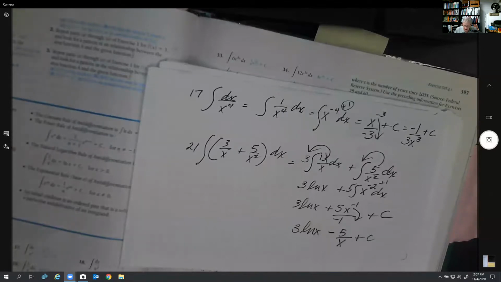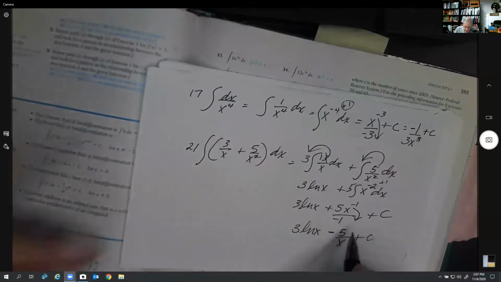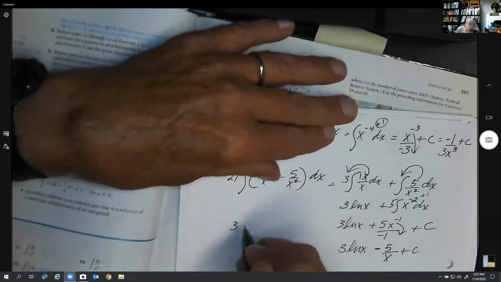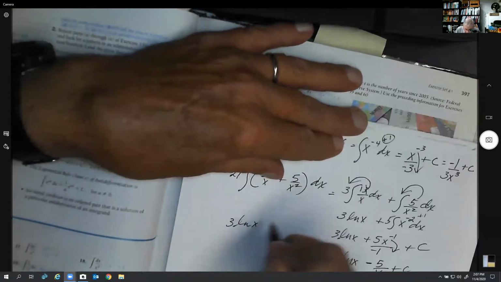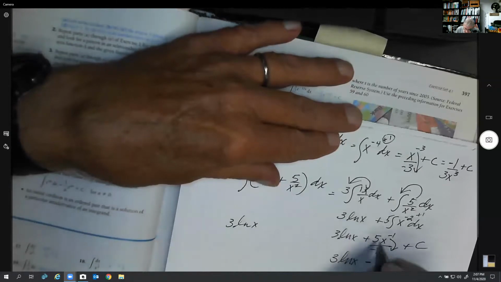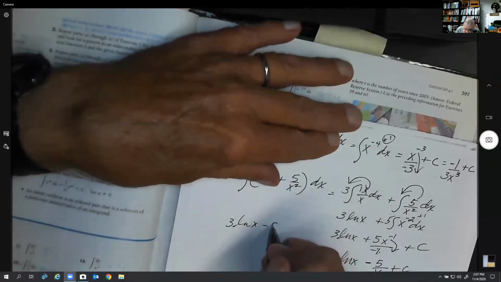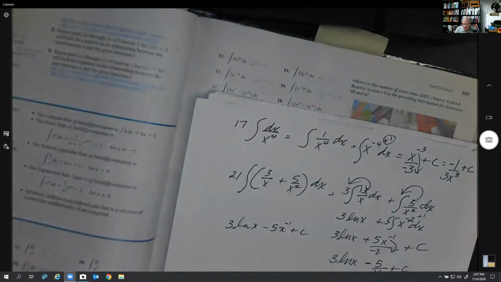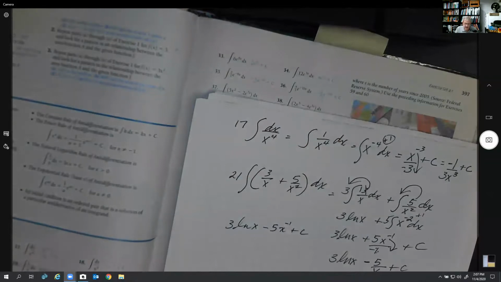3 ln x. Now, on this particular one, what they did in the back of the book, they just simply divided by the negative 1. They wrote it as negative 5 x to the negative 1 plus c. So sometimes they write it with negative exponents.